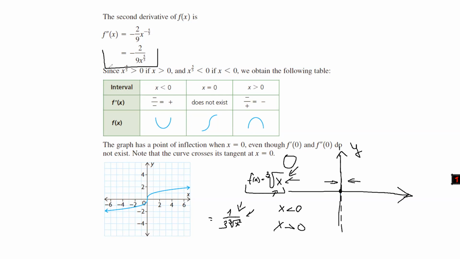What can you say about it when x is less than 0? Let me just say, give me a second. If you put, let's say, -2, a random number, to the power of 5 divided by 3.